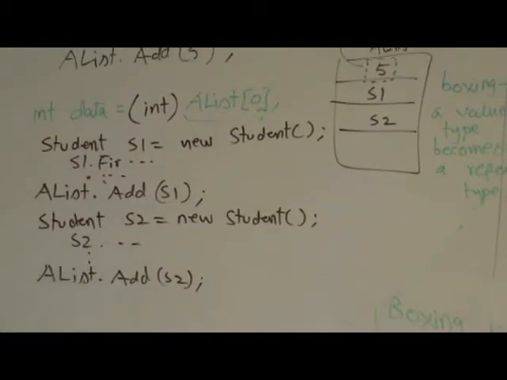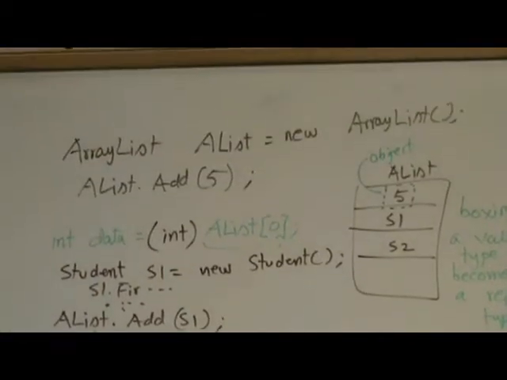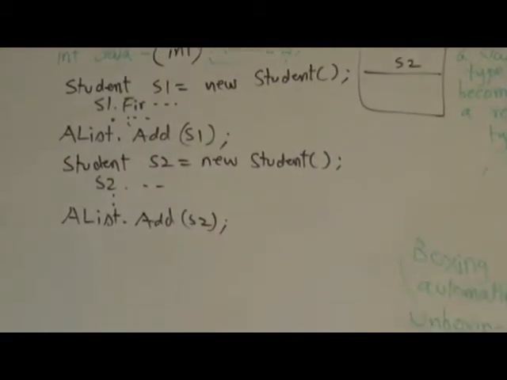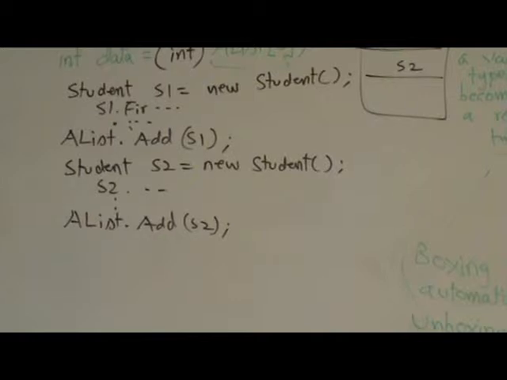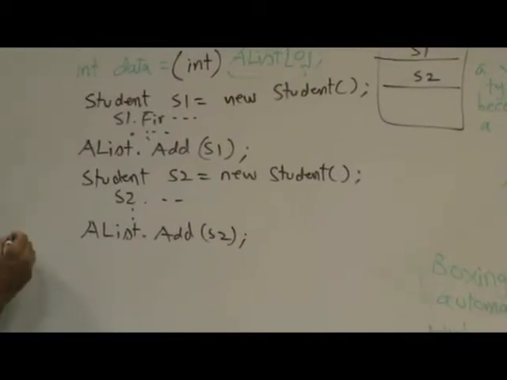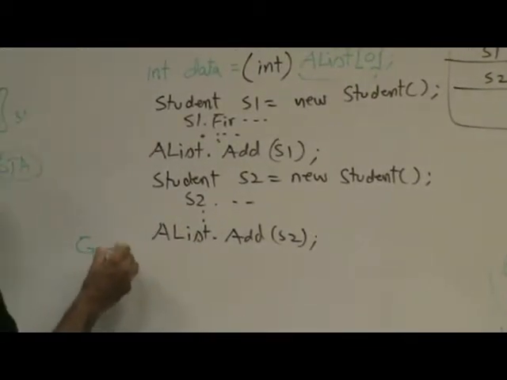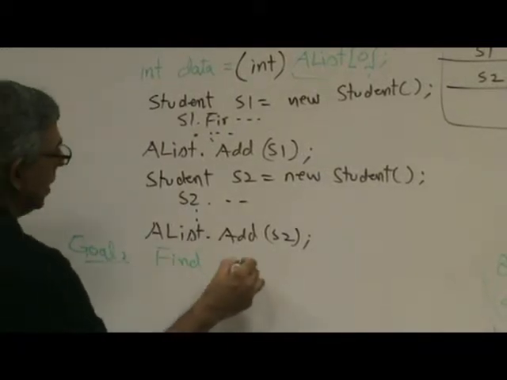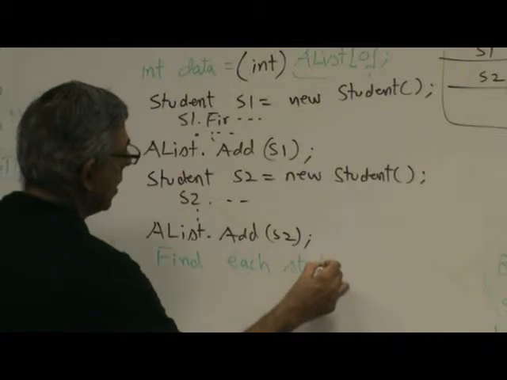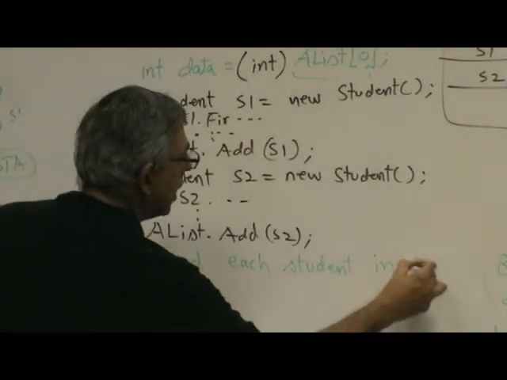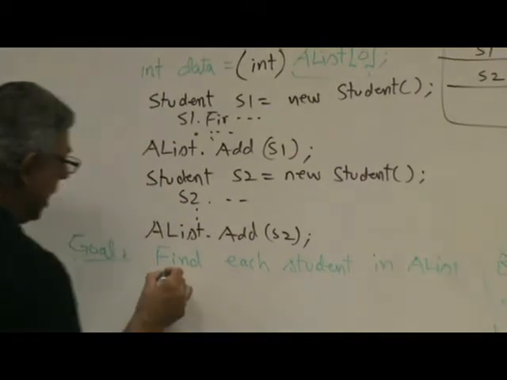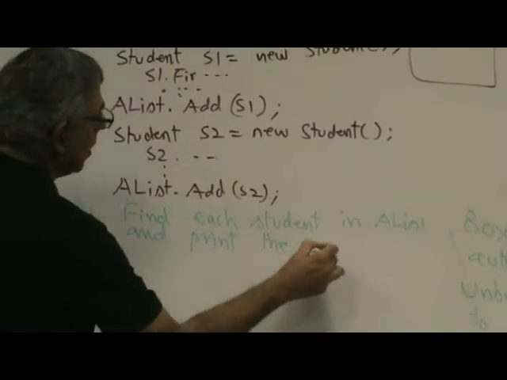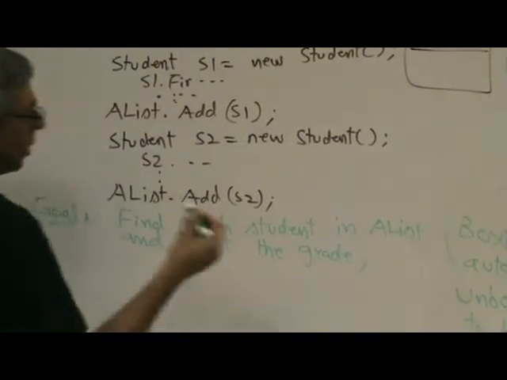Now suppose our goal was to go through the whole list and print out the grade of the student. So the goal was to find each student in a list and print the grade, or show the grade, whatever.